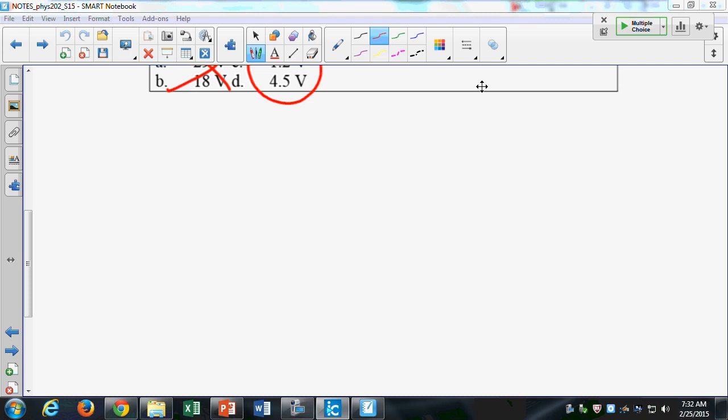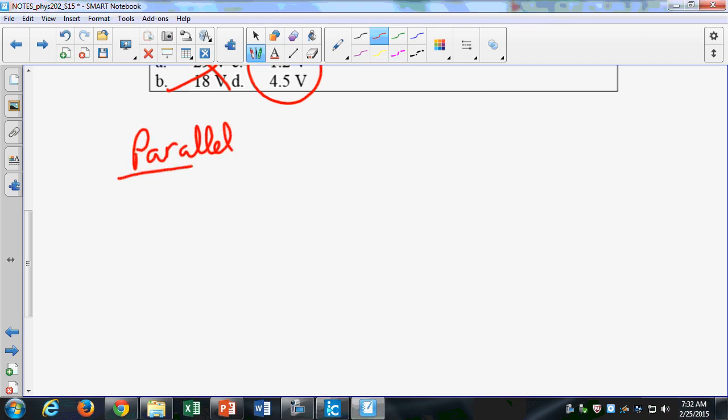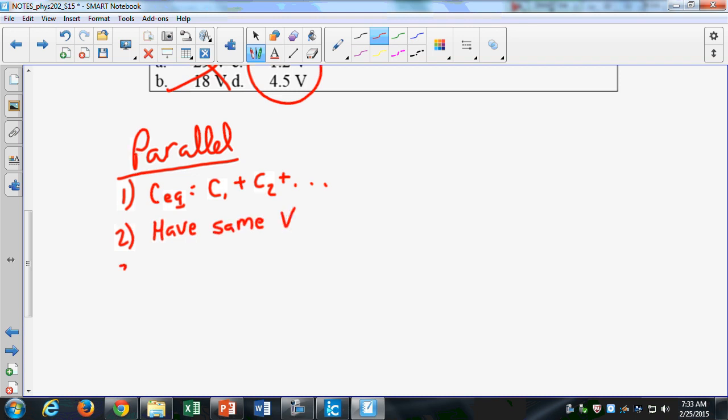For capacitors in parallel, our first rule was for the equivalent. The equivalent capacitance is C1 plus C2 plus however many capacitors. Capacitors in parallel have the same voltage.